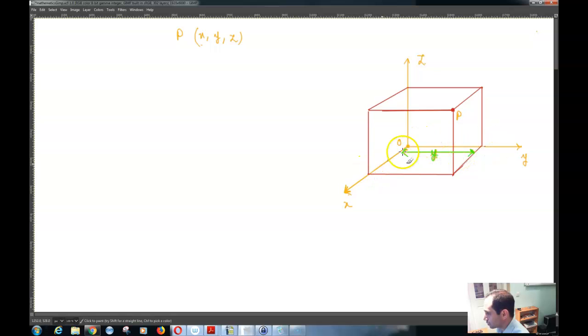This distance over here is going to be x, and this distance over here is going to be z, and these are basically the coordinates of your point P.